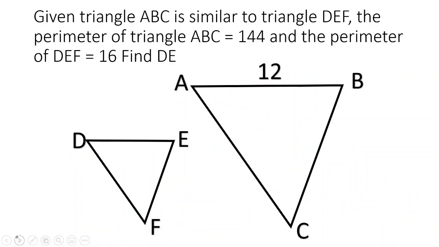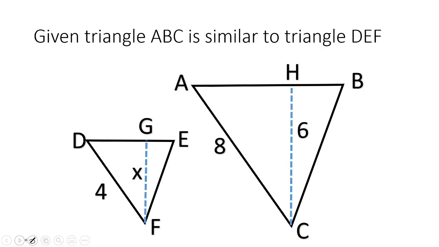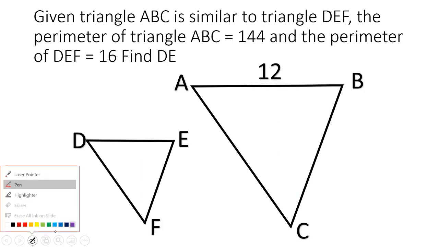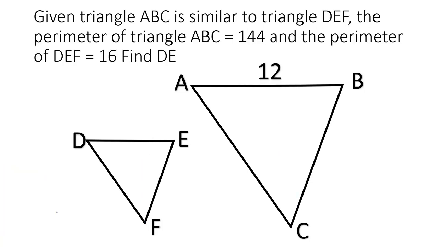So now let's put this into practical application. It says, given triangle ABC is similar to triangle DEF, the perimeter of ABC is 144, and the perimeter of DEF is 16. Now, if we think back a couple of days ago, we said there are multiple ways to do this.